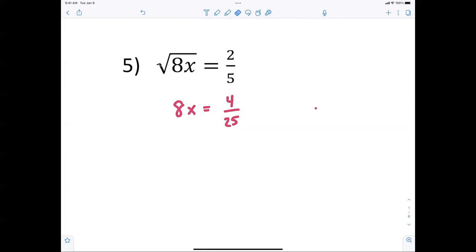But because there's a fraction, instead of dividing by 8 and creating a complex fraction, you can multiply by 1/8. This is still not a calculator problem. Everybody should be able to look at the 4 and the 8 and say that just reduces to a 1 and a 2. So x equals what? 1/50. X equals 1/50.